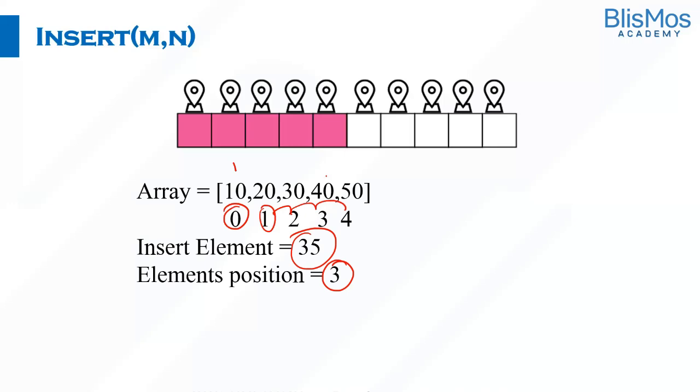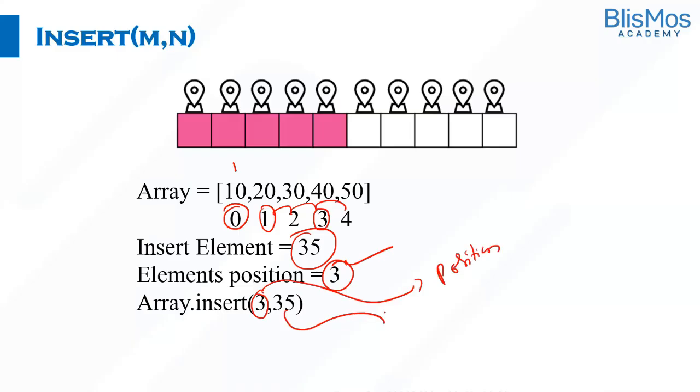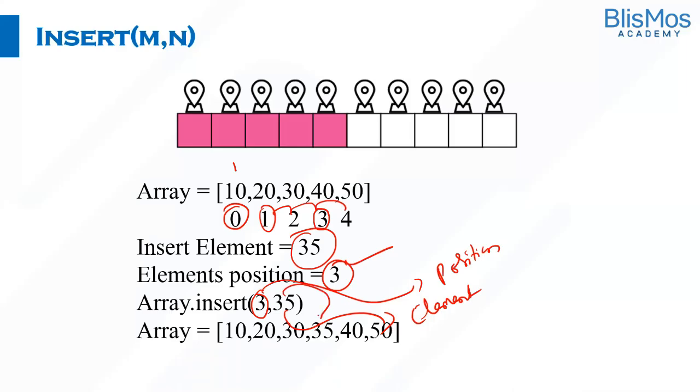If you want to insert an element as the fourth element, you have to specify the position as 3, because index 3 denotes the fourth element. If I use insert, this specifies the position and this specifies the element. Python would insert 35 at the third position, which is the fourth element in the array.